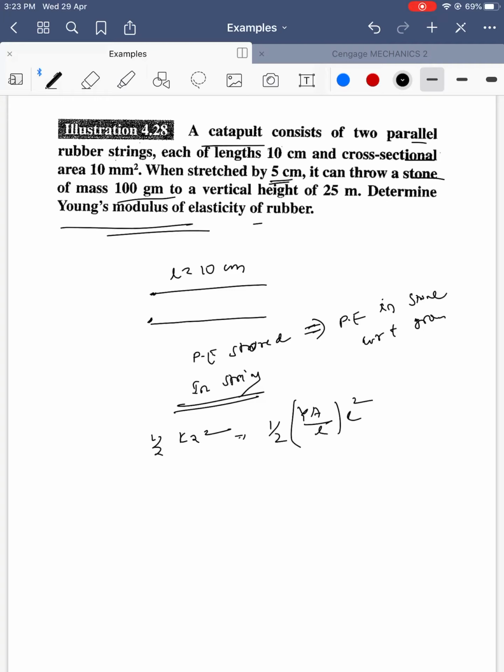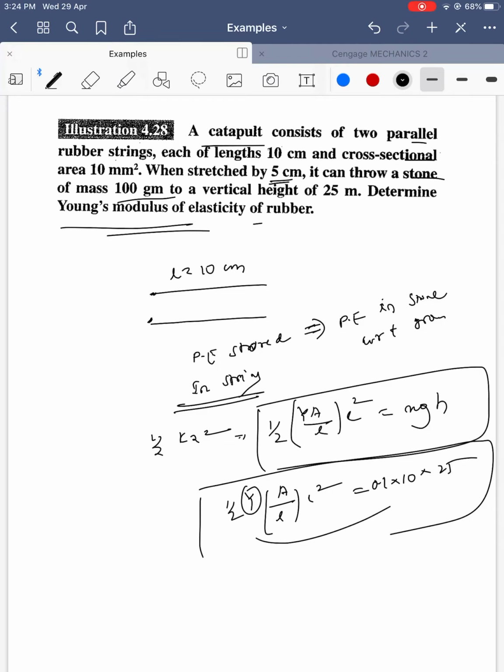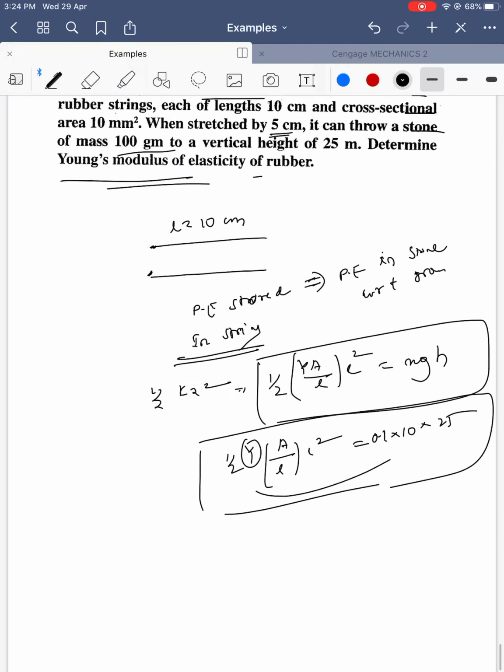This is equal to the potential energy, which is nothing but mg into h. Mass is 0.1, g is 10, height is 25 meter. Area is known, L is known, elongation is also known, you just need to find Y.